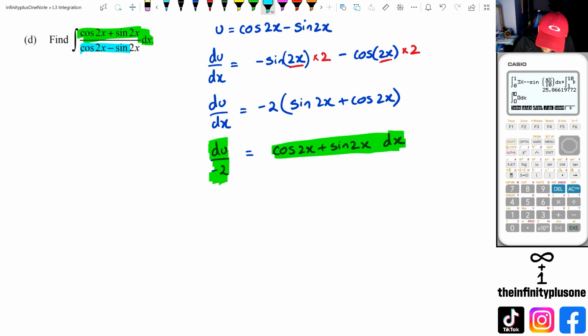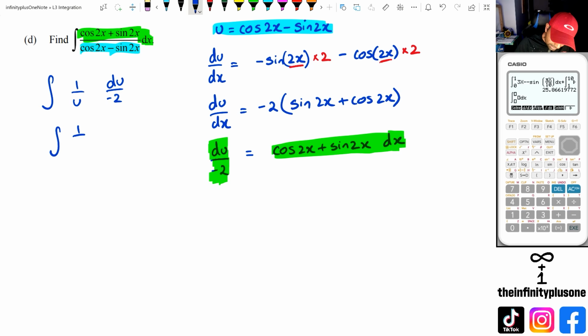And my u substitution happens to be this. So basically what I've got here is the green part is equal to du over negative 2, and I'm just going to get 1 over u. And that's pretty much it, because we've got 1 over negative 2, so I'll take that out of the integral. 1 divided by negative 2, I can rewrite as just negative half.